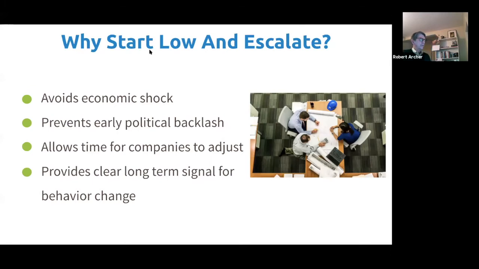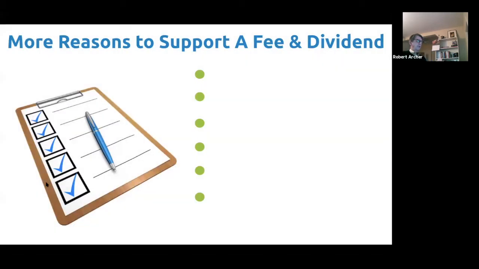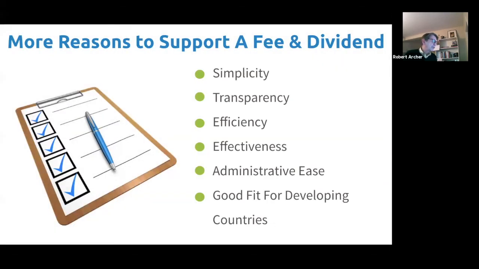Several other reasons for a carbon fee versus cap and trade and regulation include simplicity, transparency, efficiency, effectiveness, administrative ease, and it is a good fit for developing countries with the problems they have of institutional weakness and serious corruption.